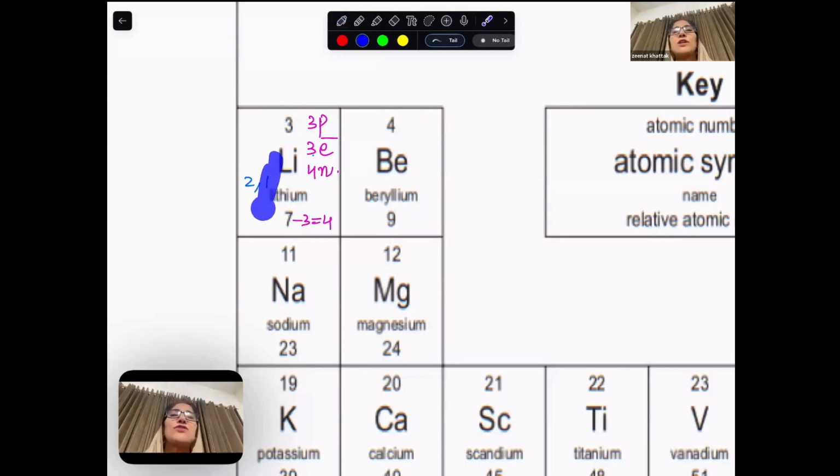So how many electrons in the outermost shell? 1. The group number is 1. There are 2 shells. The period number is 2.